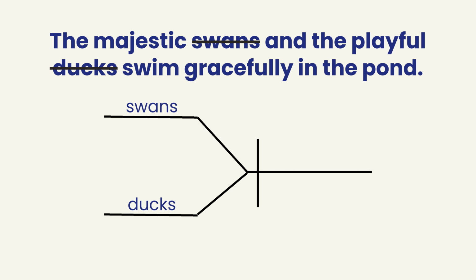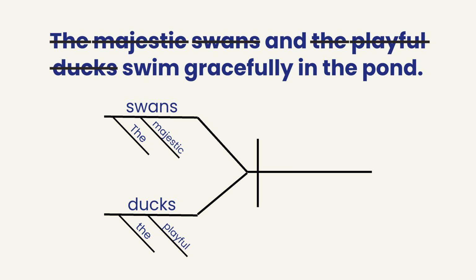As for our modifiers, we place them below the words they modify, following the order in which they appear in the sentence. So, for our first subject, our modifiers are the article the with a capital letter and the adjective majestic. While for our second subject, we have the article the and the adjective playful, all placed below the noun they modify.